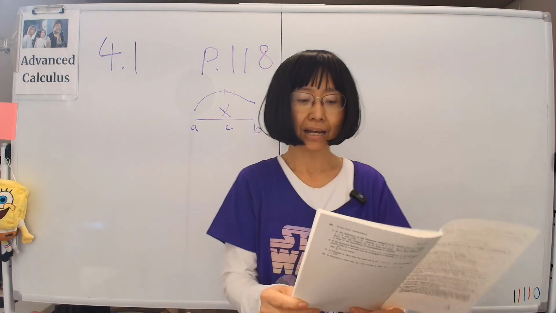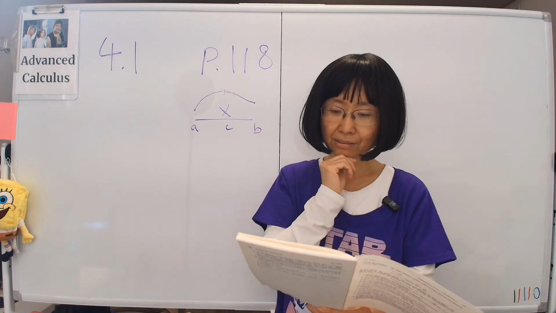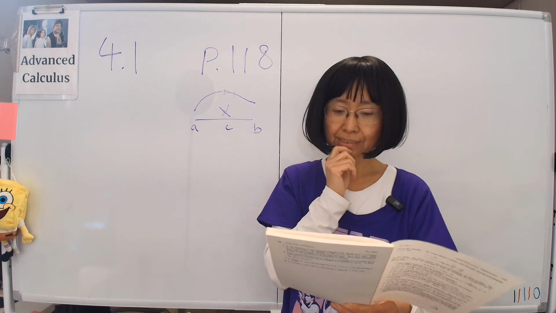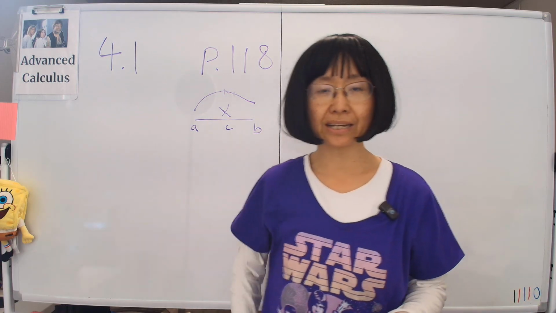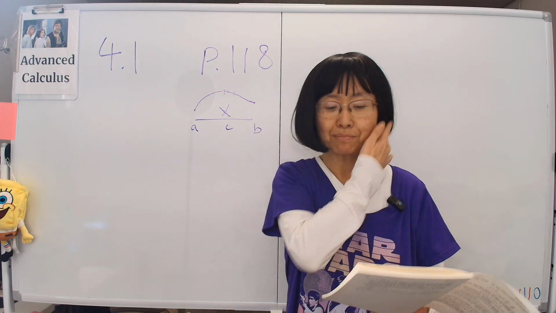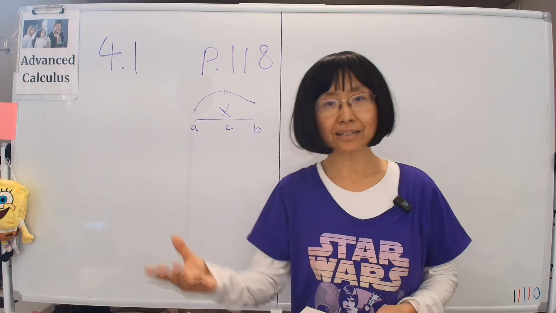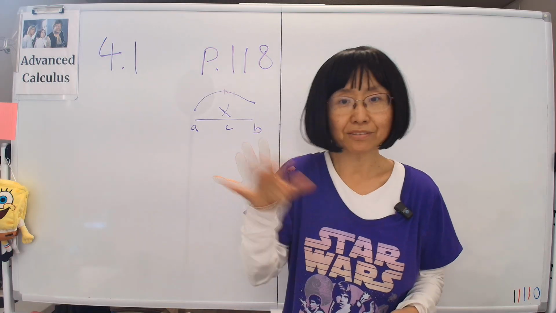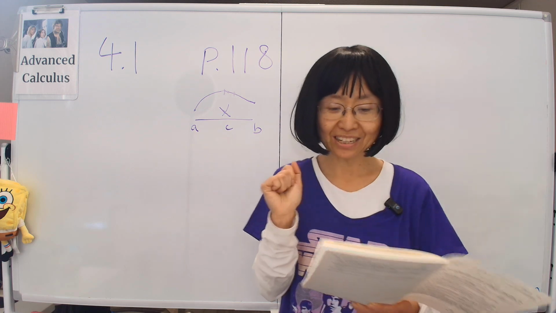The next subsection is 1.2, sufficient conditions. Let's look at theorem B. Theorem B is similar to what we learned in calculus 1, but it does take it a step further. In calculus 1, we were talking about the second derivative being bigger than 0, and therefore the function is convex up or down or something like that, right?